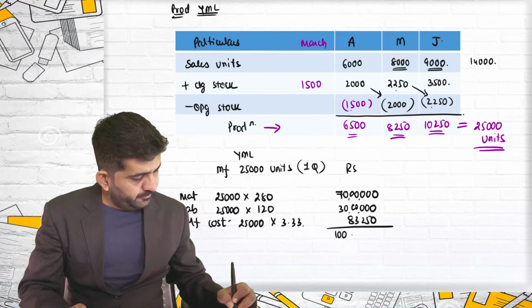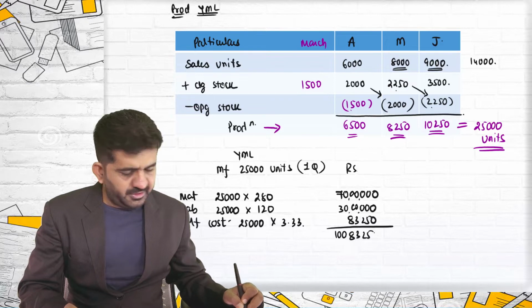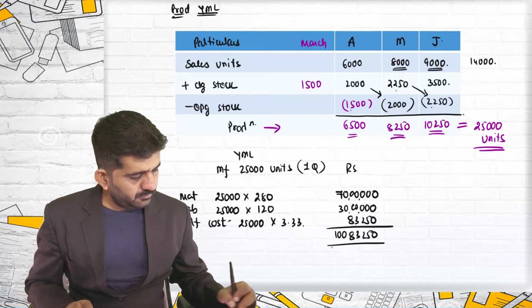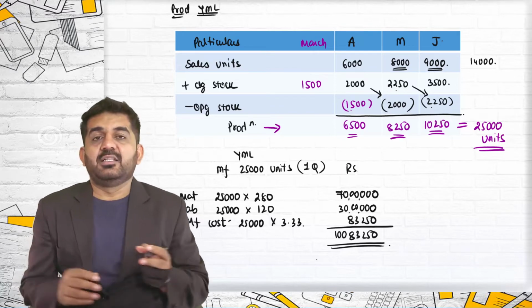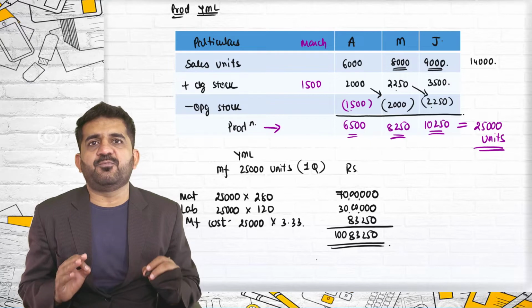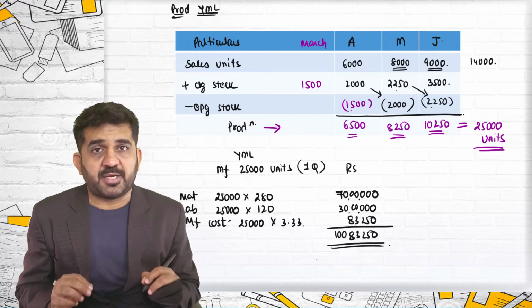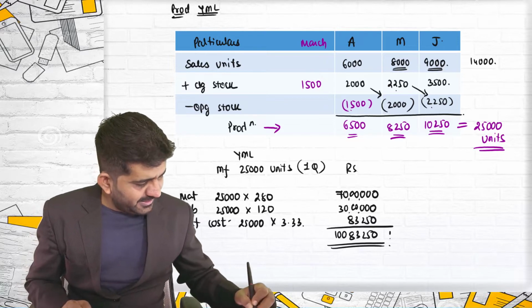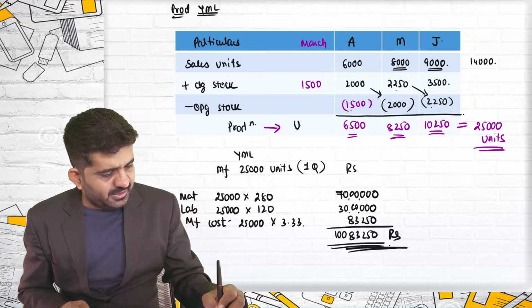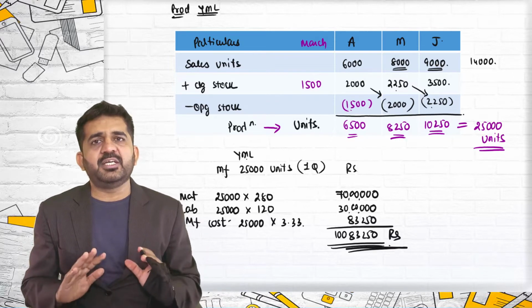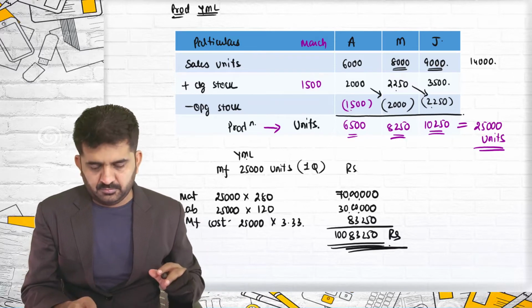Total will be 1 crore 83,250, which is my total cost of manufacturing 25,000 production units, which I'm going to produce in April, May and June in total. This is in rupees. This is in units, production budget and rupees production budget.